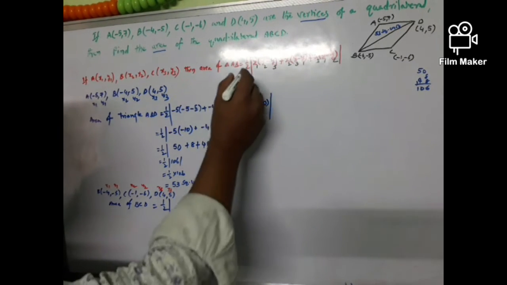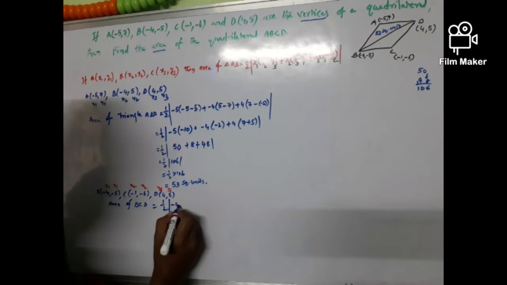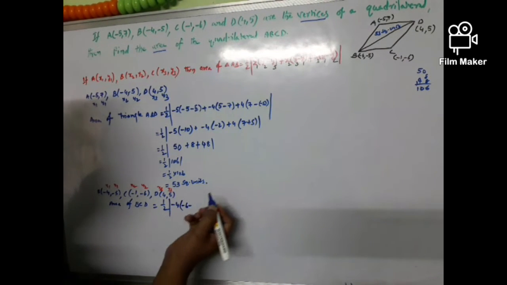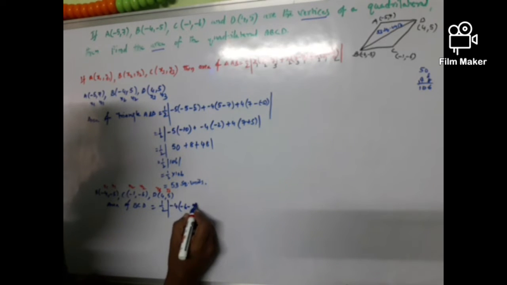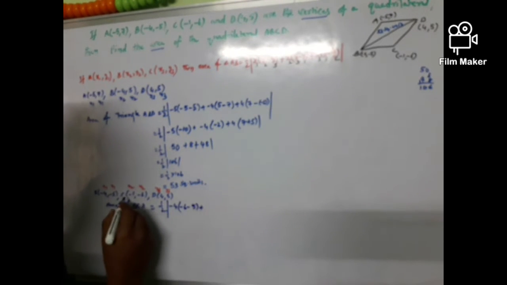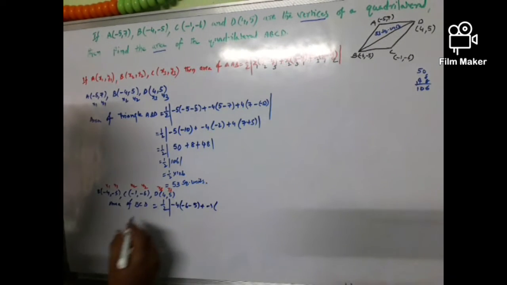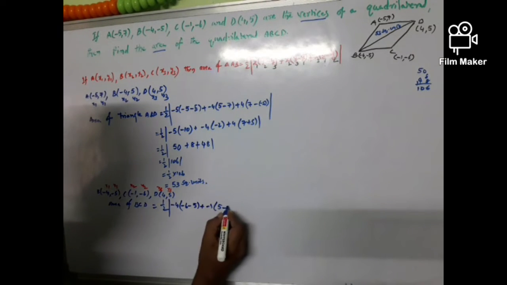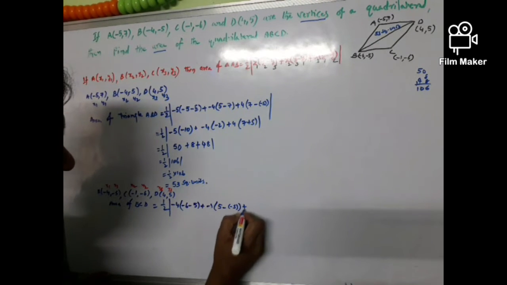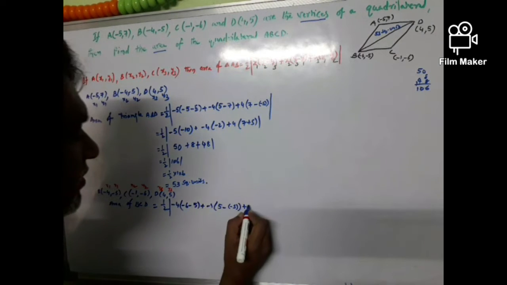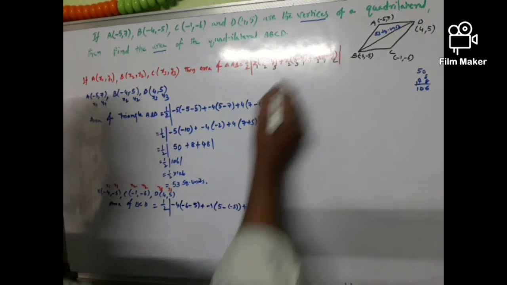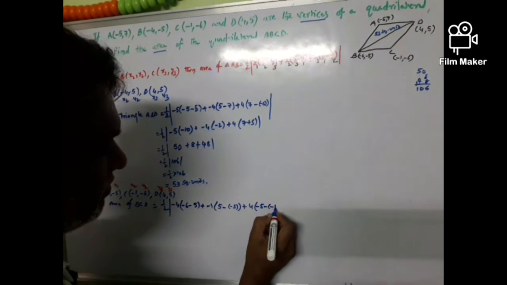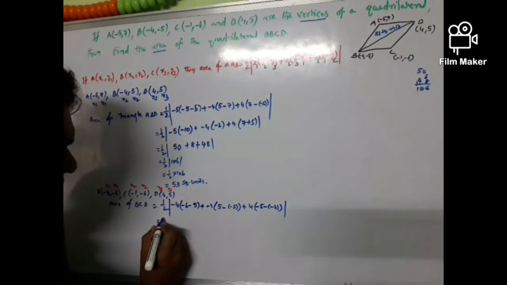Half mod, x1 is minus 4, y2 is minus 6, minus y3 is 5, plus x2 is minus 1, y3 is 5 minus y1 minus 5, plus x3 is 4, y1 minus 5, y2 minus 6. Do the simplification.